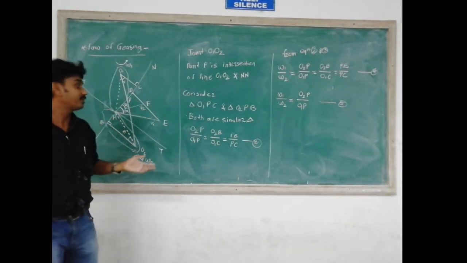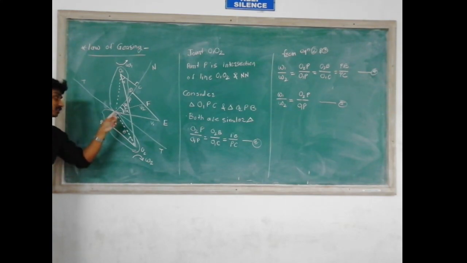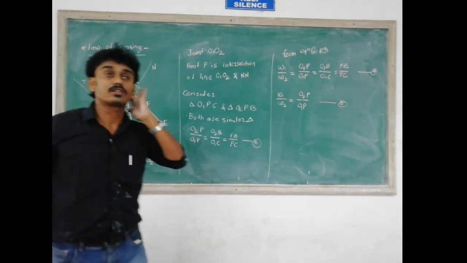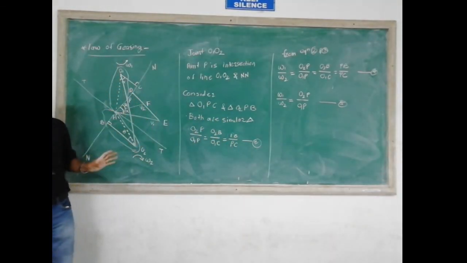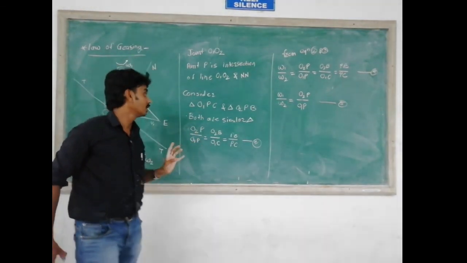We will once again define it. The law of gearing states that when we draw a common normal at the point of contact, it will always pass through the pitch point, and this statement is useful for designing the profile of the gear.